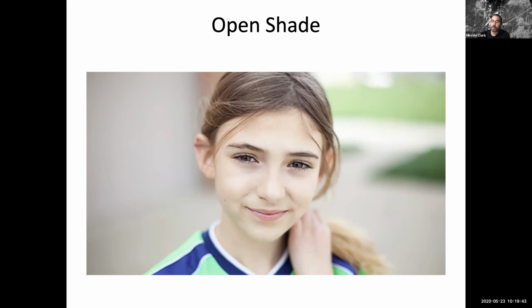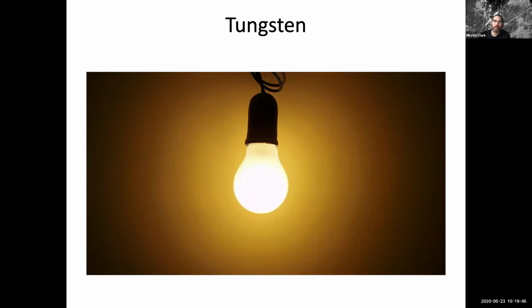All right, let's move on. So that's open shade. Now, tungsten light, this is what we talked about a second ago. This is not a tungsten light, technically. It's an LED light, but whatever's inside of it makes it orange. But you all have seen a tungsten light bulb before in your lives, right? They're actually becoming more and more rare because of those low energy lights, LED lights and things like that.